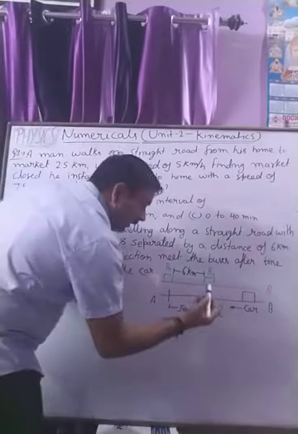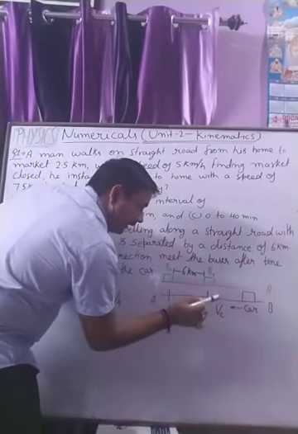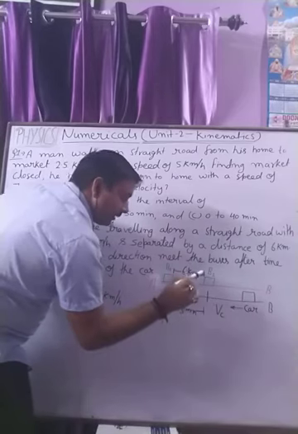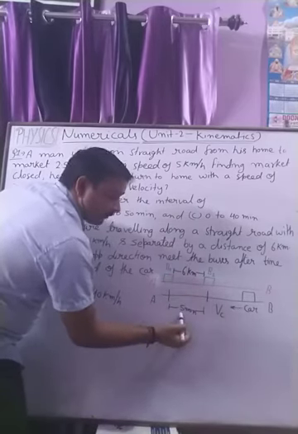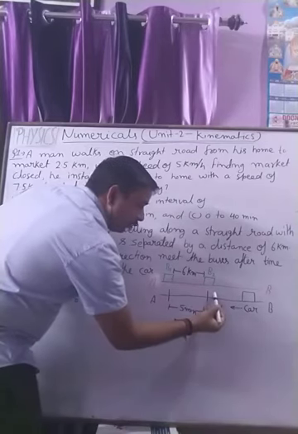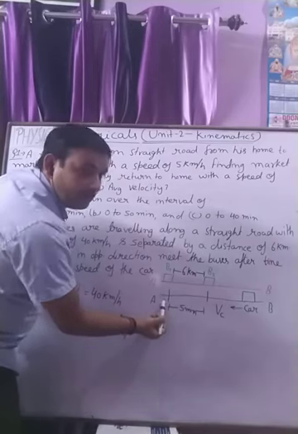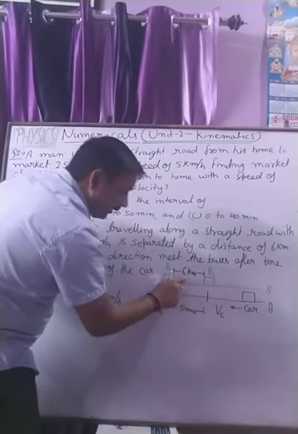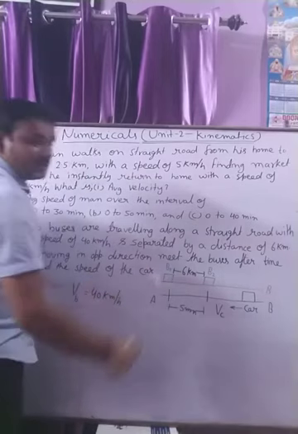So the car meets both the buses after an interval of 5 minutes, which means the car meets B2 first and then B1, so it takes 5 minutes to travel the 6 kilometer distance.